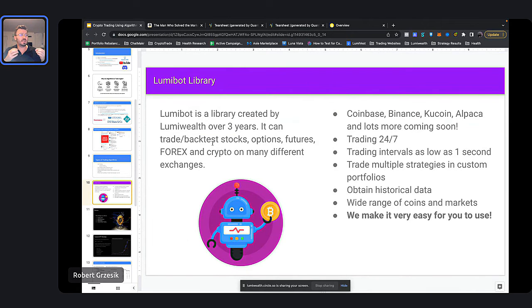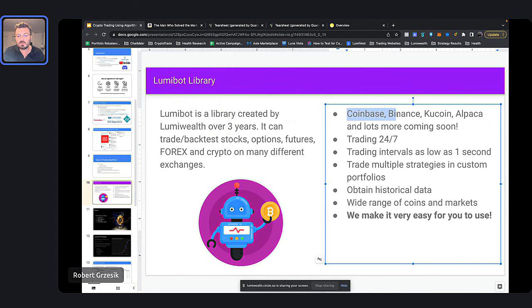I could take historical data for Bitcoin and see how my algorithm would have done if I invested in 2020, or what about in 2021? Would I have made money? Would I have lost money? How much would I have made? What were the risks involved? All that sort of thing. I'll show you some examples of back tests in a bit, but back testing is extremely useful.